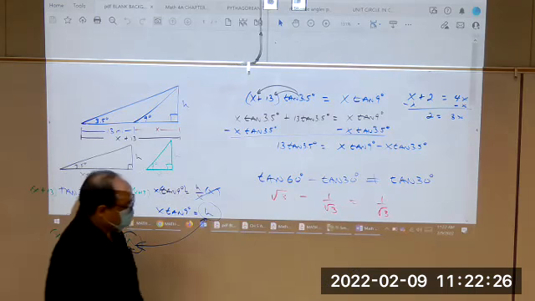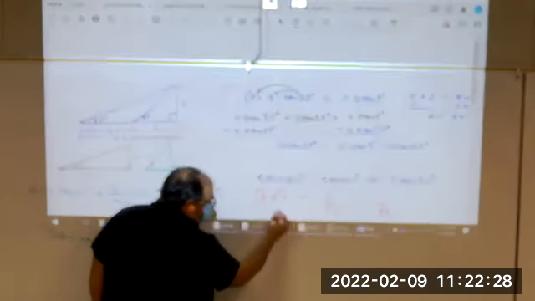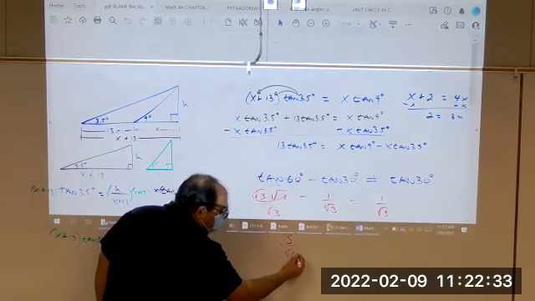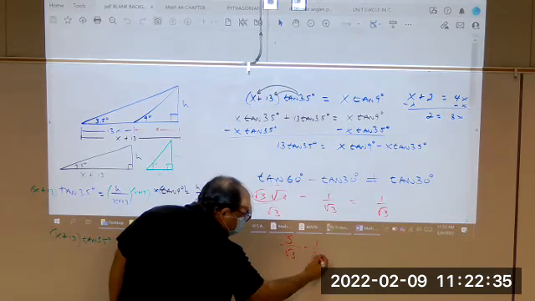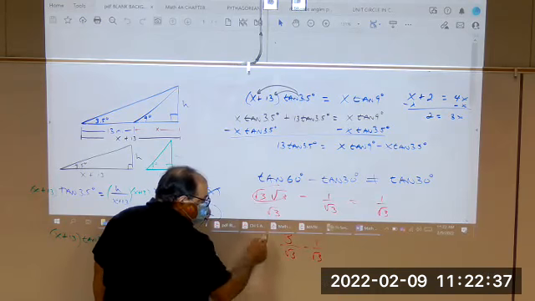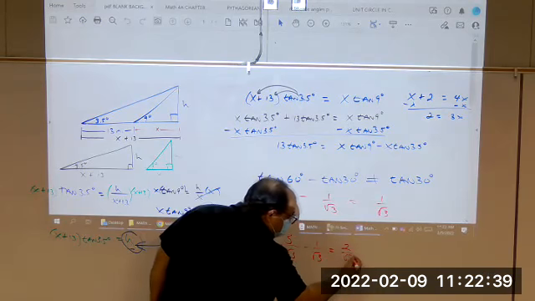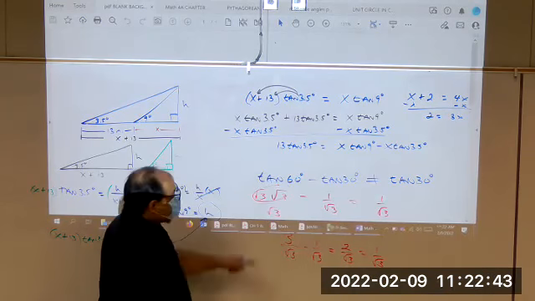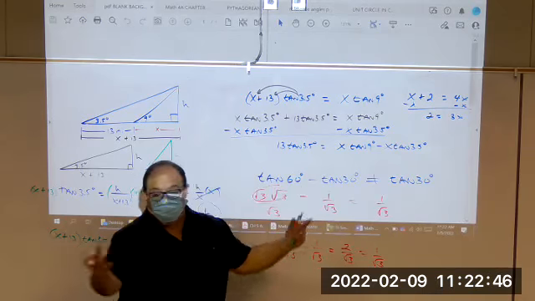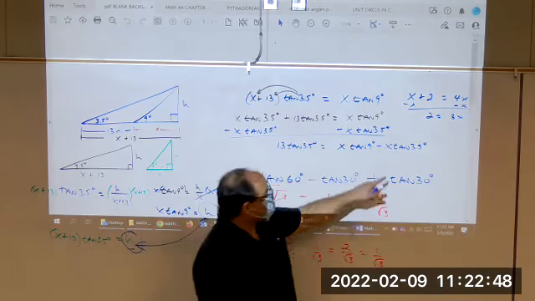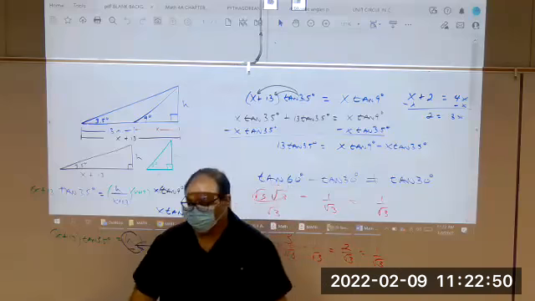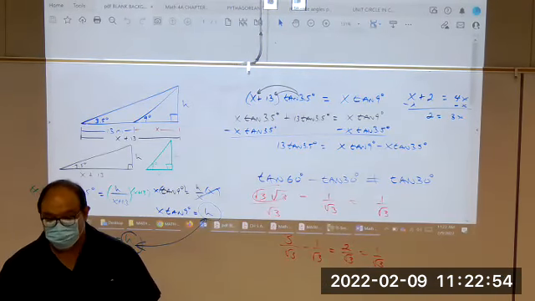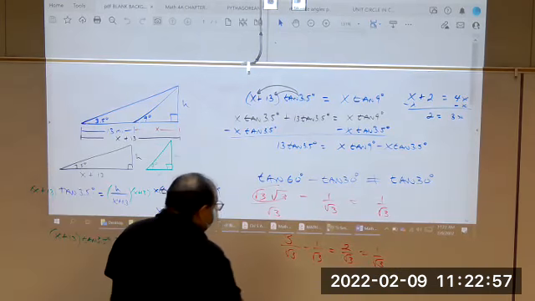I don't think we're going to get it. Square root of 3 over 1 with a common denominator is 3 over square root of 3, minus 1 over square root of 3. 3 minus 1, 2 over square root of 3 equals 1? I don't think it equals. So you can't just go 60 minus 30, and you can't just go 9 minus 3.5.